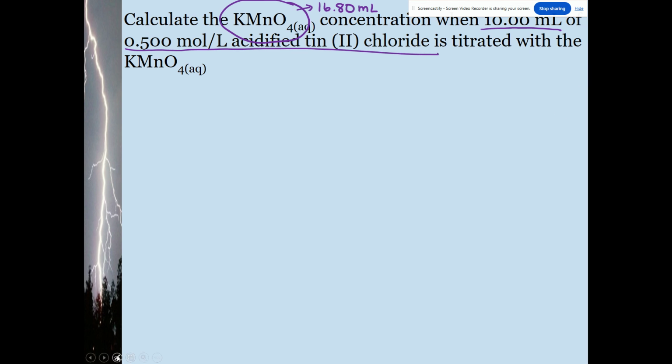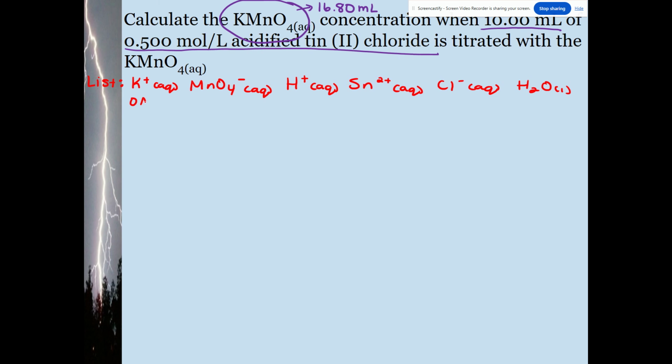So if I again start following my redox stoich steps, because titration is a type of redox stoich, I start by listing everything I have present as it would be a reactant in water. So potassium ions, permanganate ions, acidified solution means I have hydrogen ions, I have tin 2+ ions, I have chloride ions, and I have water.